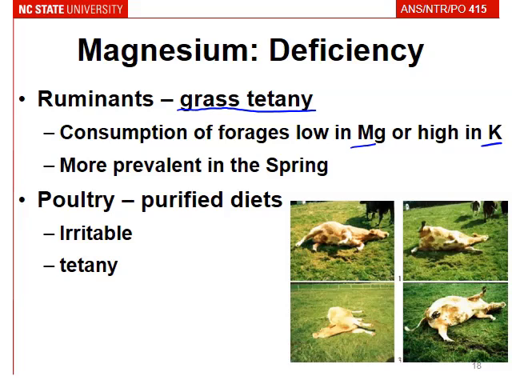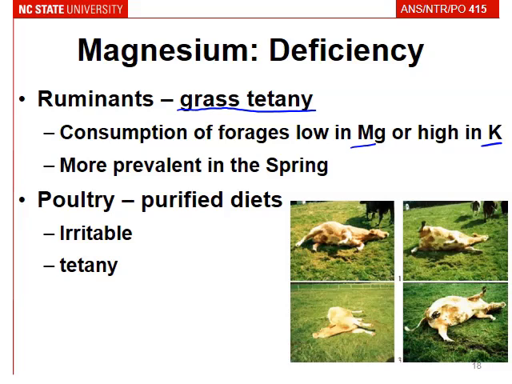Our potassium and magnesium are antagonists. So if we have high potassium, it's going to compete and we're going to reduce or cause magnesium deficiency. So even if we have adequate magnesium but high potassium, we're going to get grass tetany.